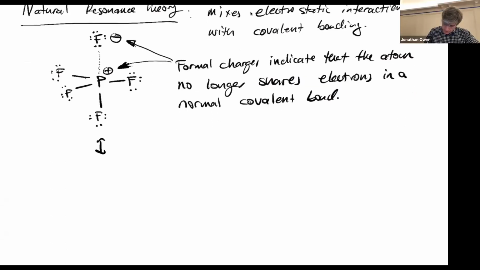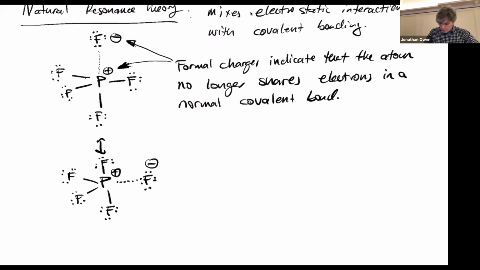You might imagine there are 5 different fluorines, and so another way to depict phosphorus pentafluoride is like this. Give that guy his appropriate charge. You can see that there are 5 of these resonance depictions.